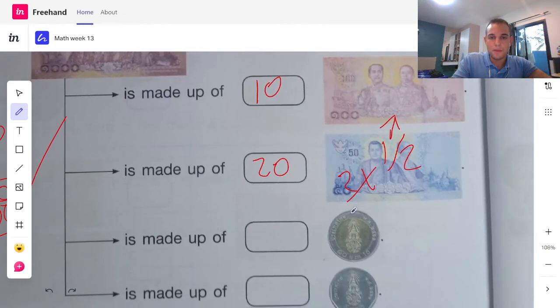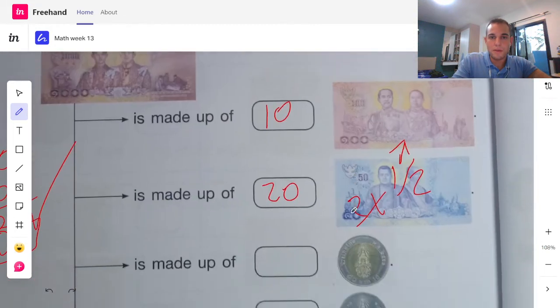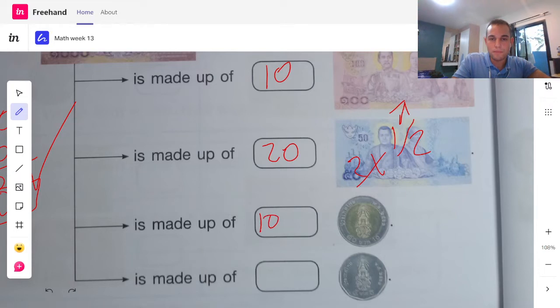Well, we will need 100 because 10 times 100 is 1,000. So how do we do it? 10 times 100. If we have 10 times something, we could just add a 0 on the end. That's all. Very easy.